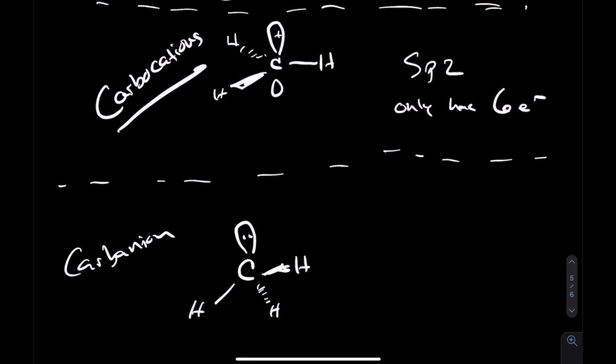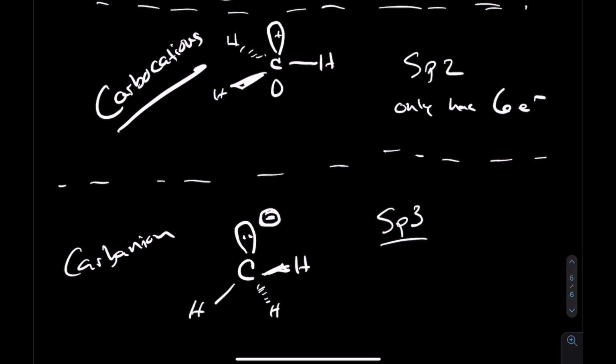you have the same sort of geometry as an sp3 hybridized system, okay? This is now electron rich. It is a full formal negative charge. So a methyl carbanion is going to be sp3 hybridized.